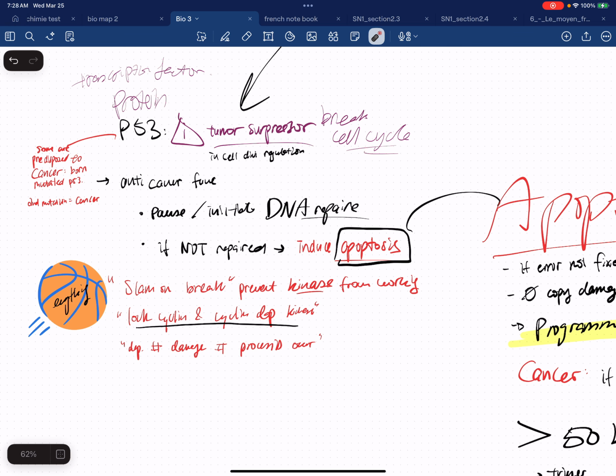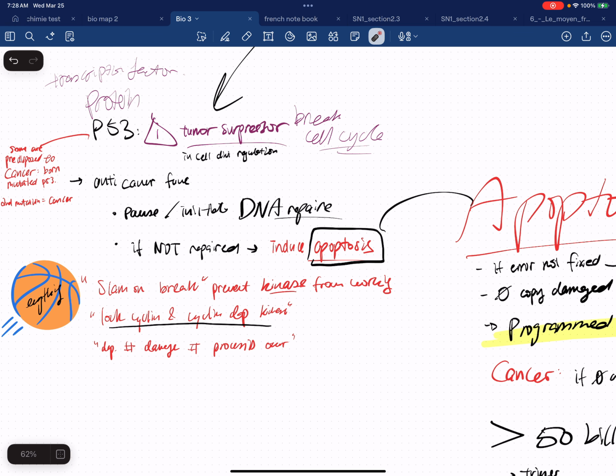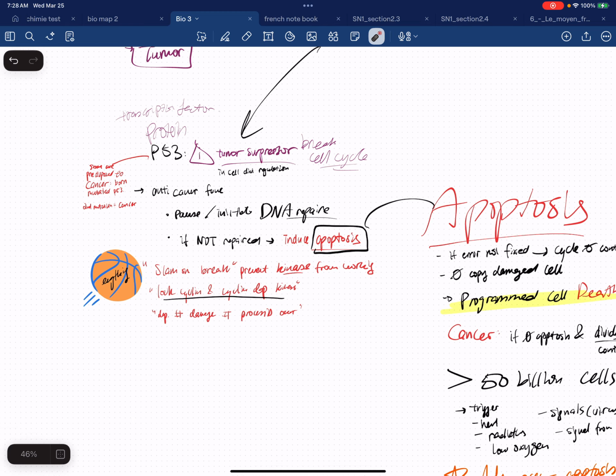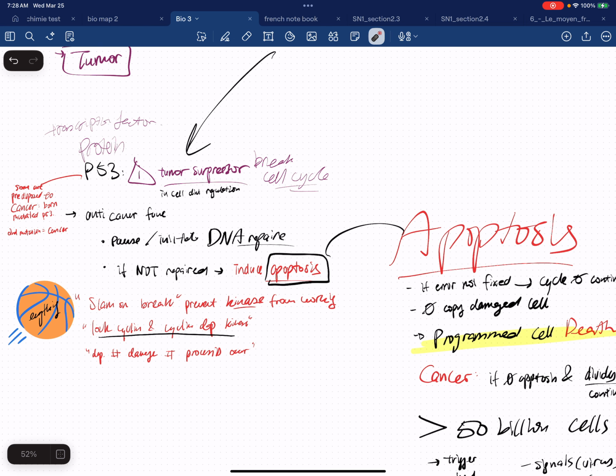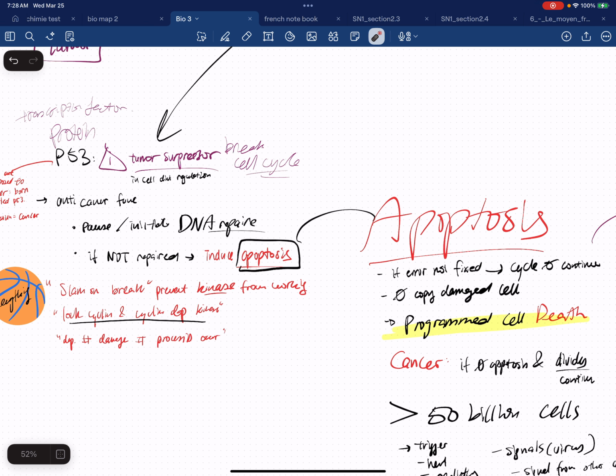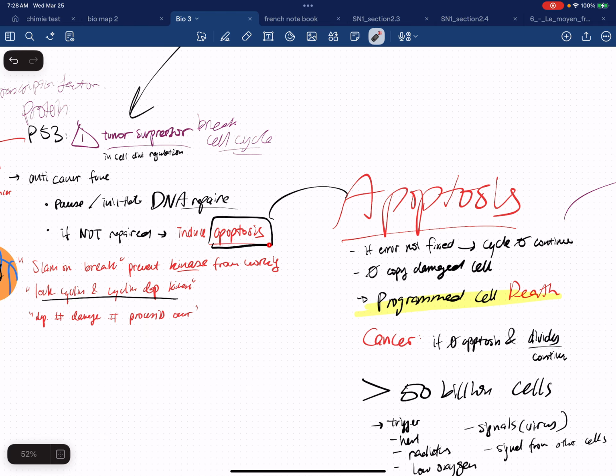So, apoptosis. P53 is what suppresses tumors, but also, if the repair that is needed for the DNA cannot be performed, the cell will kill itself. This is called apoptosis.